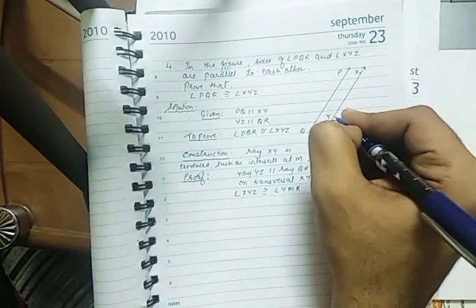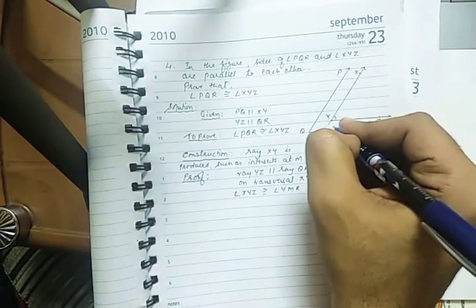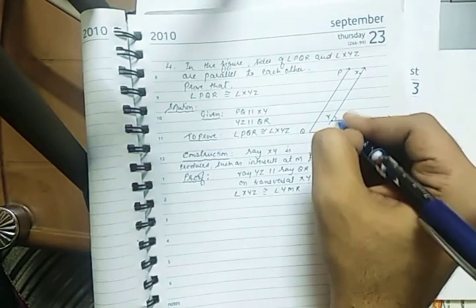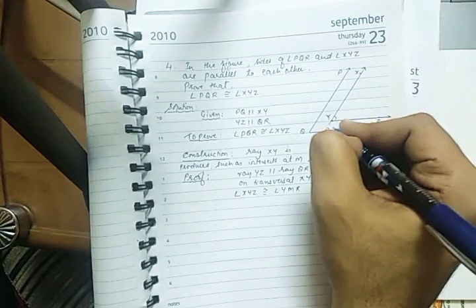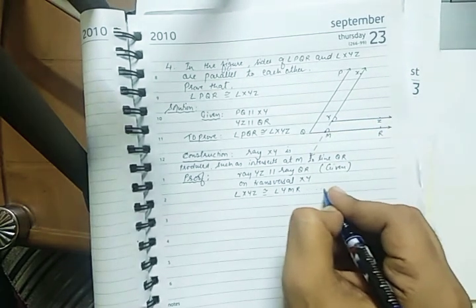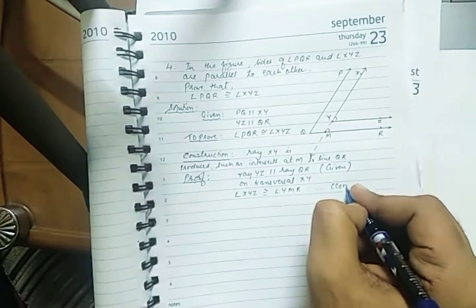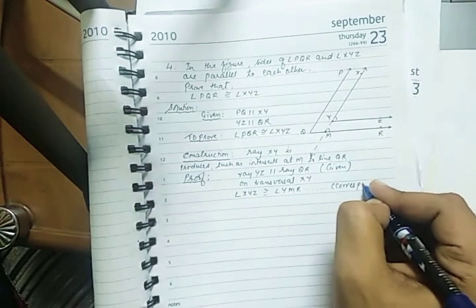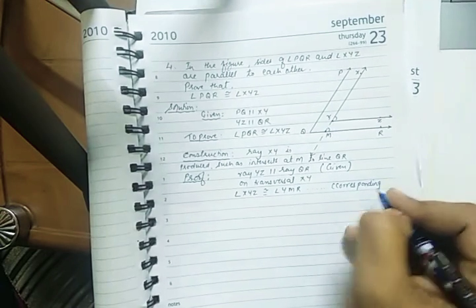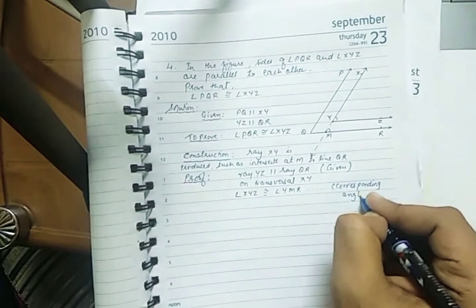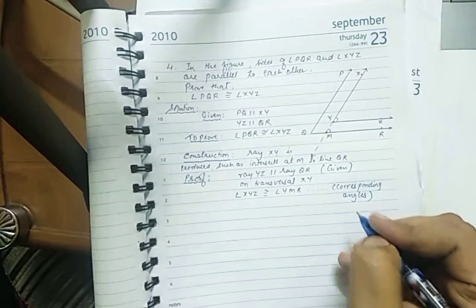You can see XYZ is congruent to YMR. Which type of angle is this? This is called a corresponding angle. So you have to write here the reason: corresponding angles.